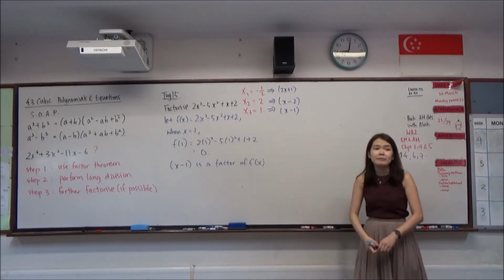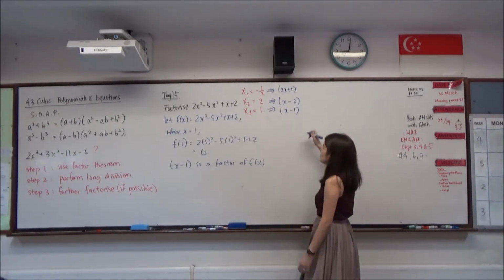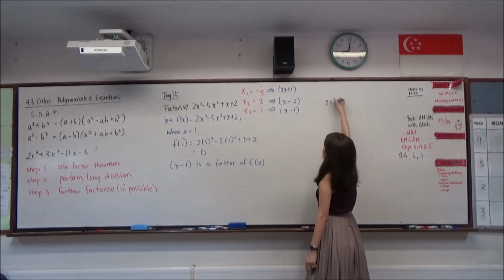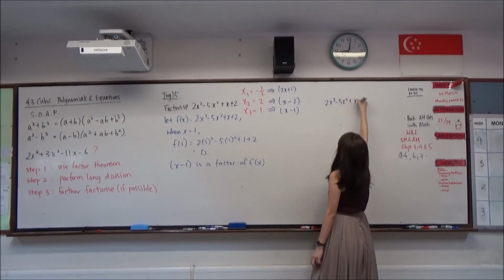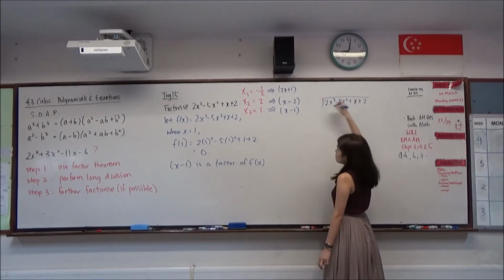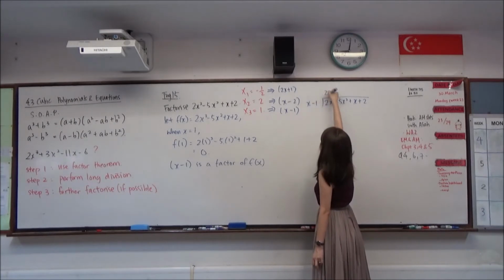We need to perform the long division. So we will get 2x cubed minus 5x squared plus x plus 2, long division, x minus 1.